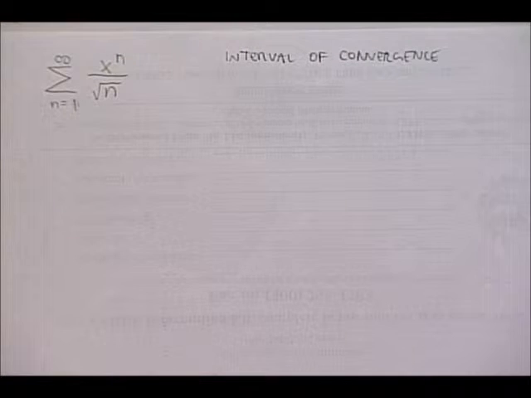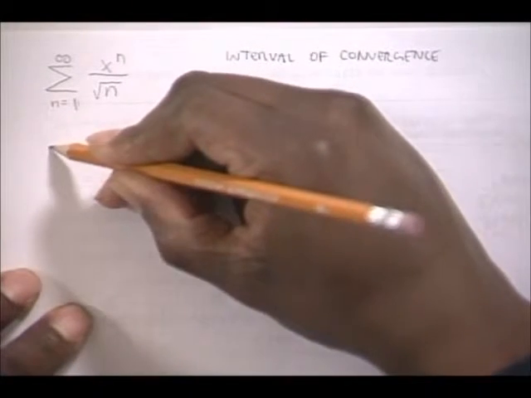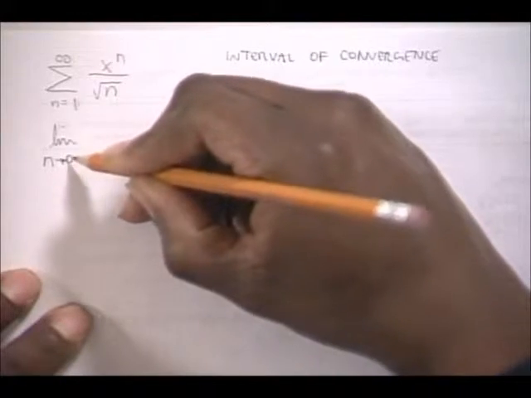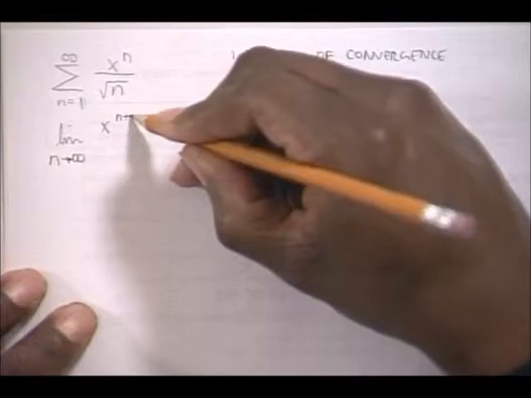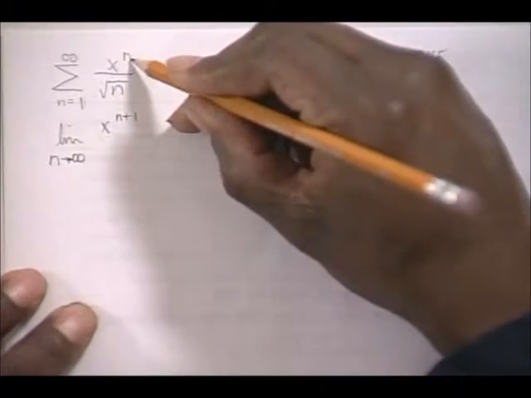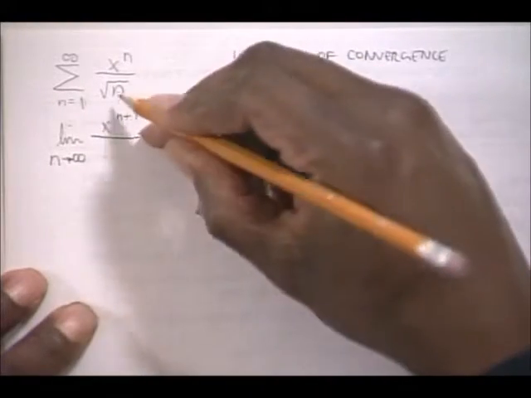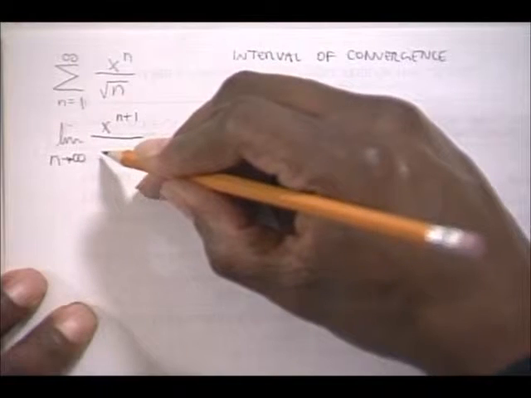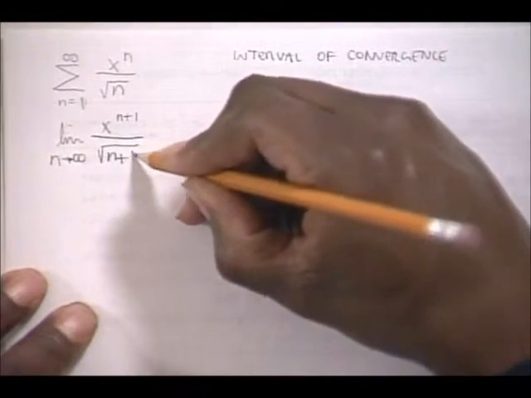And the ratio test says that if you take the limit as n approaches infinity, where you substitute n plus 1 everywhere where you see n, so substitute n plus 1 here, and we'll substitute n, we got a radical n plus 1.